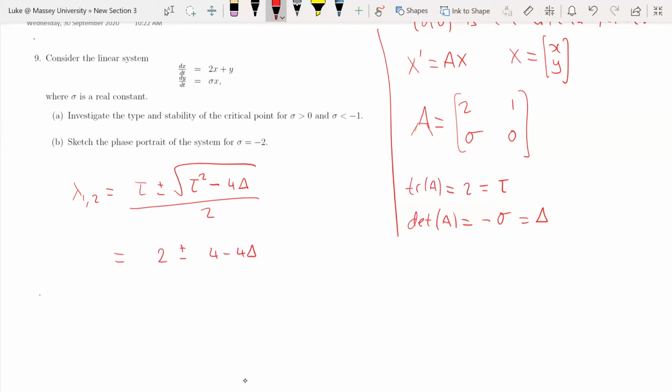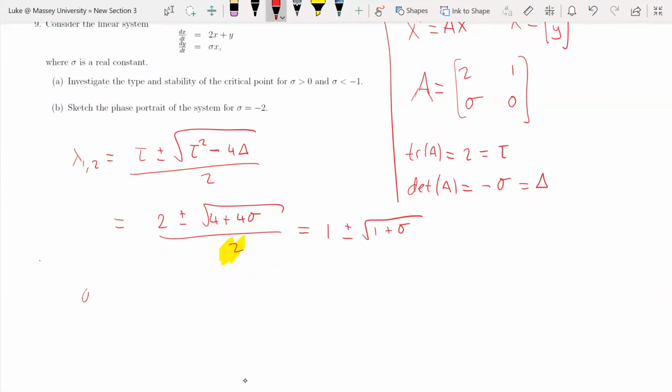Sorry, delta was negative sigma, so this should be plus 4 sigma, all over 2. And of course we can simplify that. 2 divided by 2 is 1. The square root of 4 is 2, so we can bring this 2 in the denominator inside the square root, giving the square root of 1 plus sigma. Okay, so our eigenvalues are 1 plus or minus the square root of 1 plus sigma.